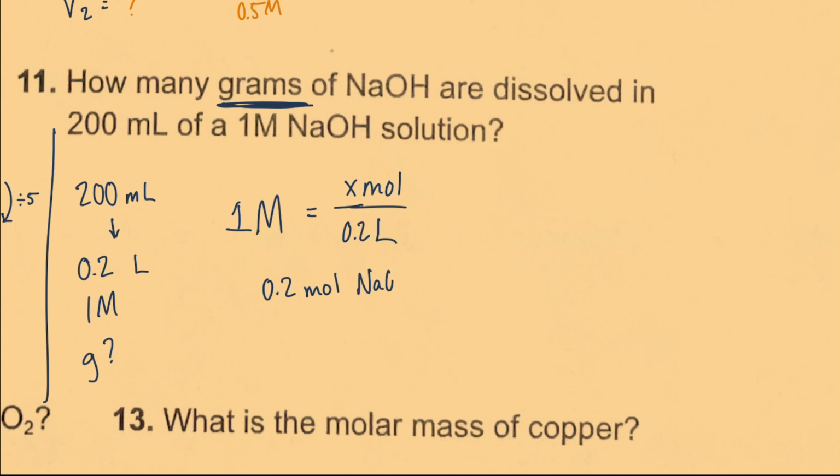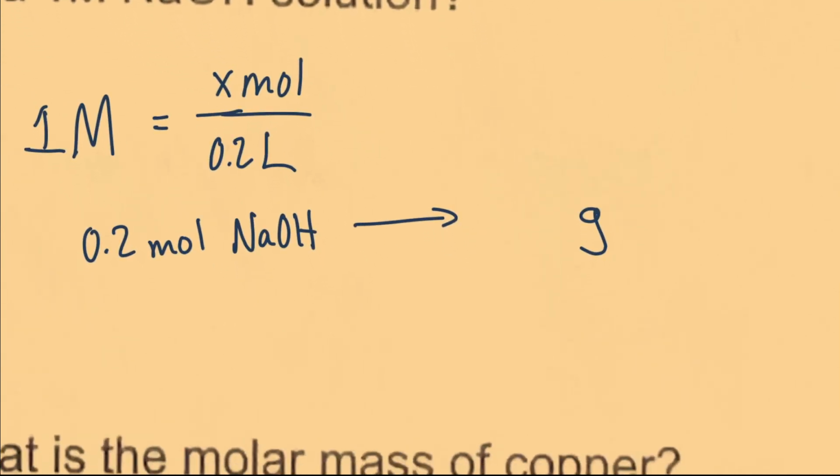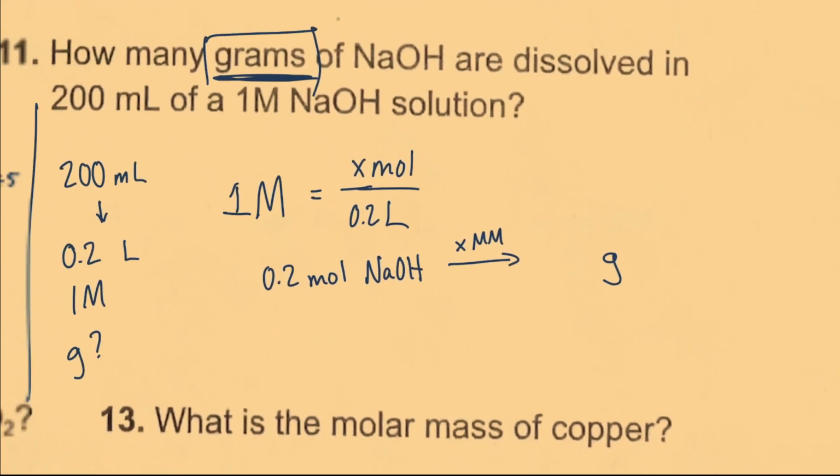of sodium hydroxide. But it's asking about grams, so I need to convert to grams. How do we convert to grams again? Look at your periodic table. That's right, we multiply by the molar mass. So I need the molar mass of NaOH again, which is 40 grams per mole.